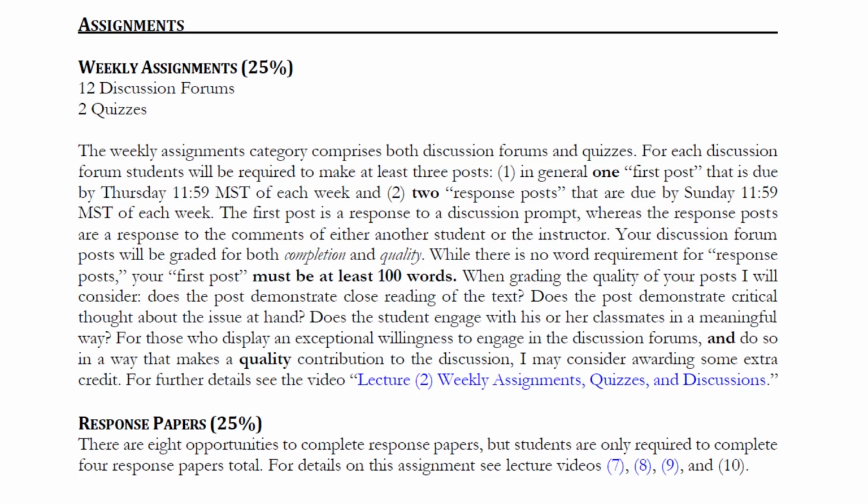One of those posts is called a first post and is due by the end of the day on Thursday. In this post, you will be responding directly to a prompt about that week's material. The other 2 posts, the response posts, are posts in response to what has been said by others. There is, of course, much more to say here about how to participate in the discussion forums and how you will be graded on that participation, but those points will be saved for the later video.